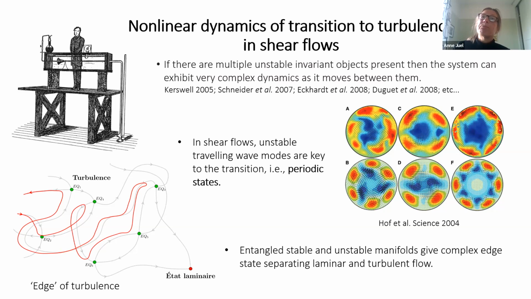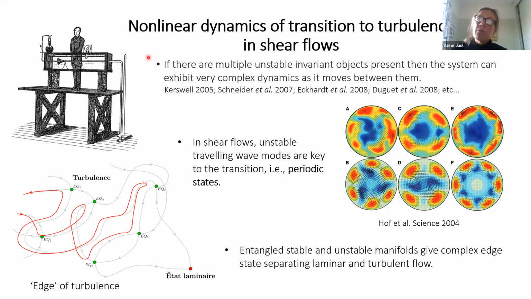But essentially, in that case, you can get multiple unstable invariant objects present in the system, and you can get very complex dynamics that result as you get transient behavior of the system that moves between these complex invariant objects.